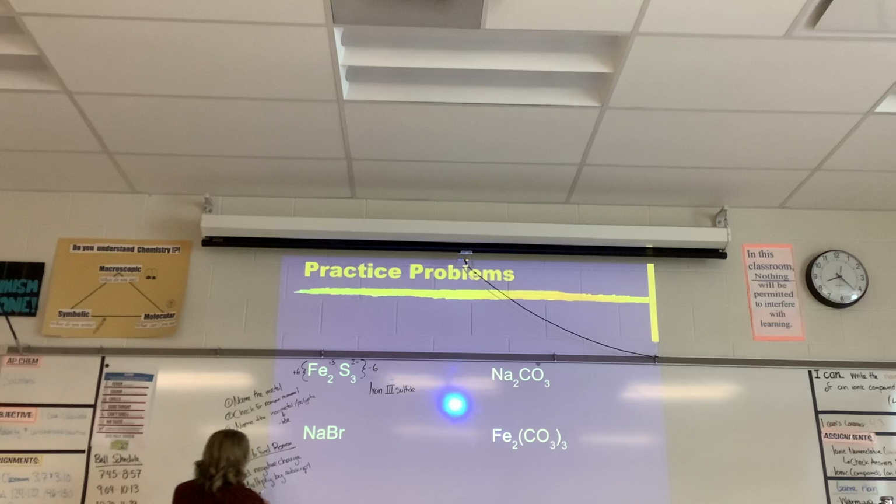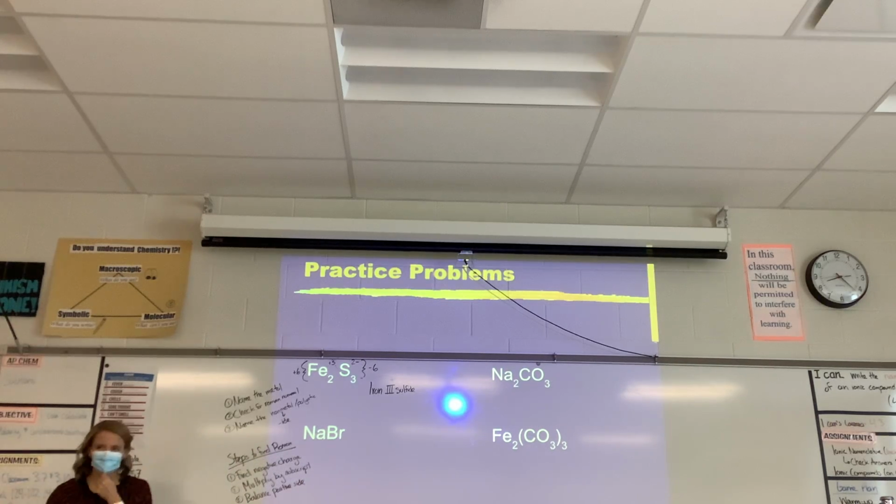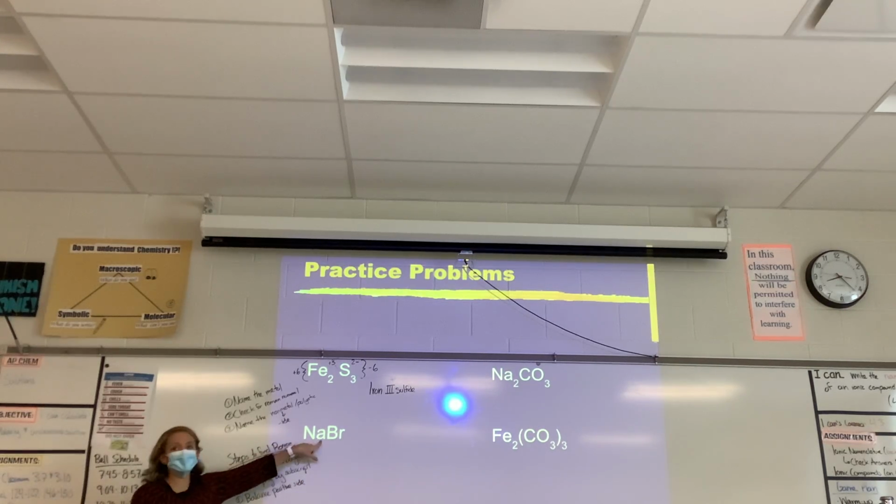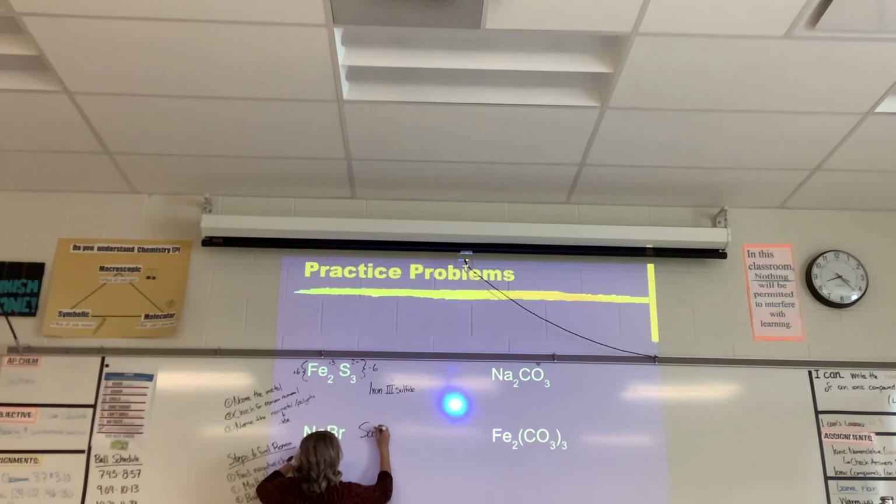Okay, so our last step was to multiply a subscript, and then we had to balance the positive side. Okay, let's name this guy. So Na is? Sodium. Good. Step 1, check.